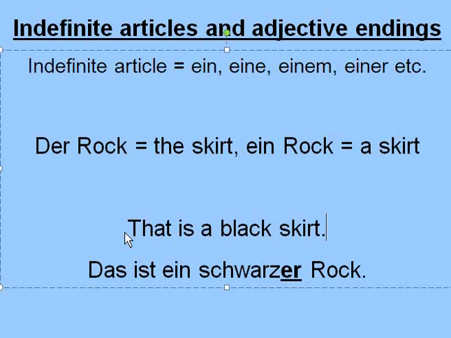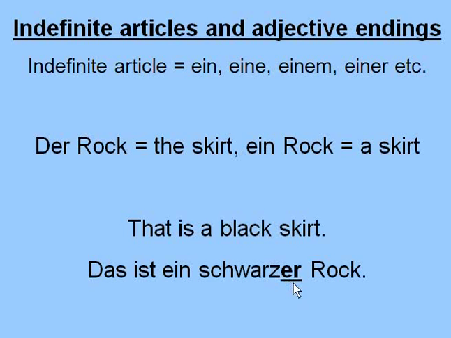The example is that is a black skirt, and in German that is das ist ein schwarzer Rock. Hopefully you can see the correlation between this er and the word der here. This er on the adjective is showing you that Rock is a masculine noun. That's how you show it through the adjective ending.